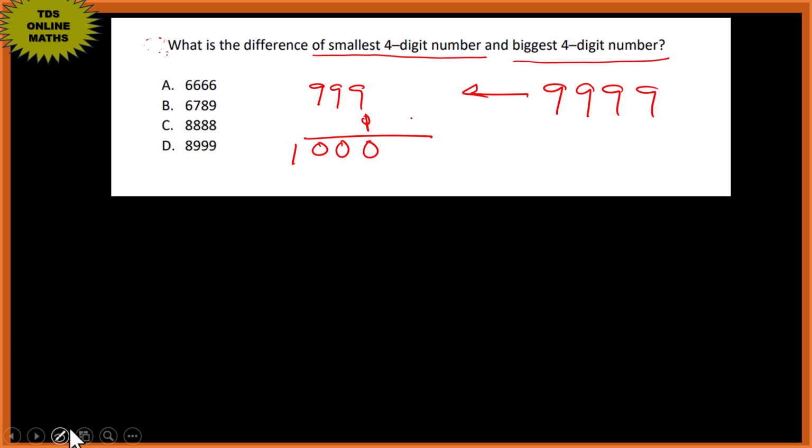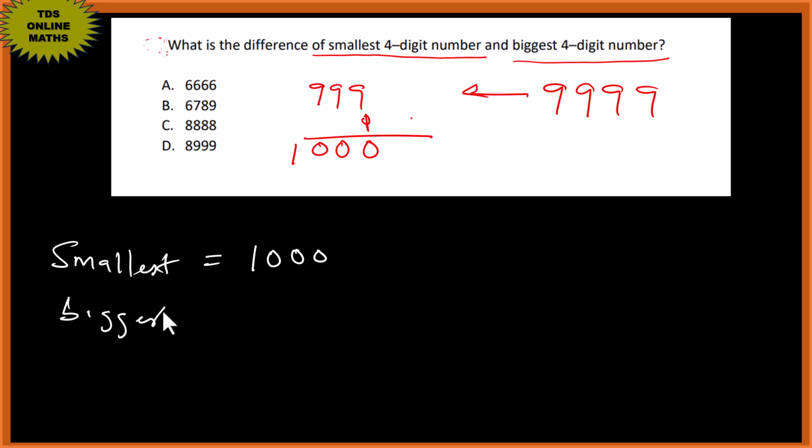So it means that the smallest is 1000. Then the biggest is 9999.